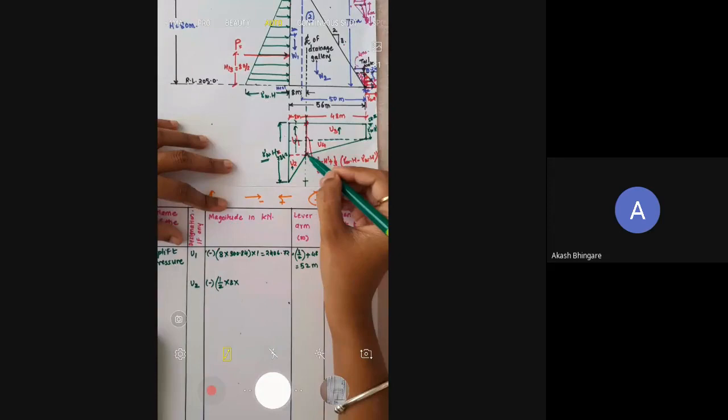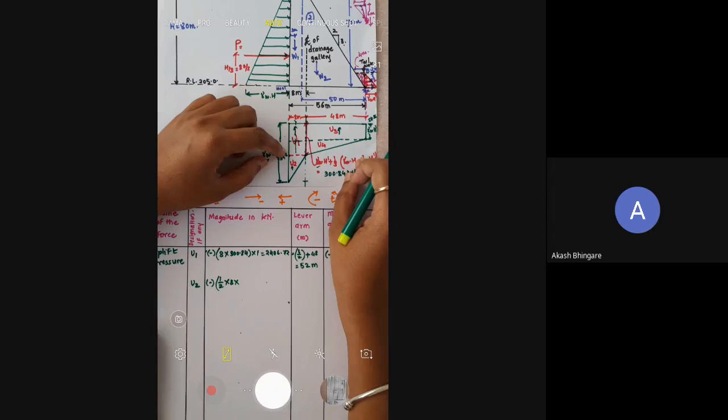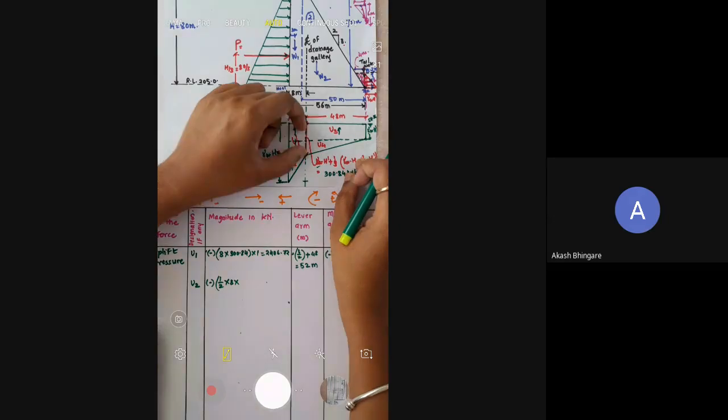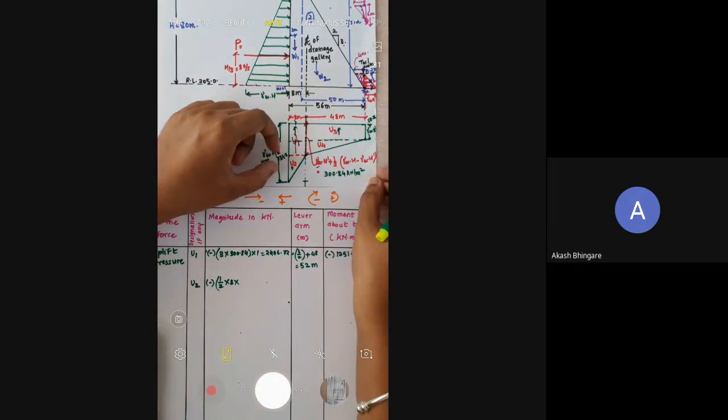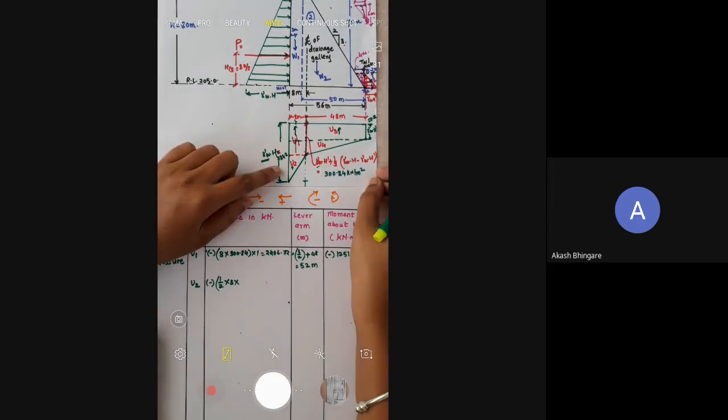So this total is gamma W into H, which is 784.8. Out of this it is 300.84. This minus the ordinate at center line, that you can minus it. So total was 784.8 minus 300.84, that you have to do.